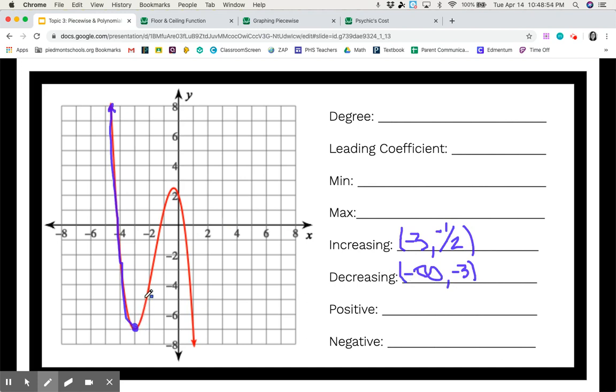And then this part begins increasing. That's the interval we have above. And then starting at that -1/2, we begin decreasing all the way to the x value of infinity. So from -1/2 to +infinity, I am decreasing.